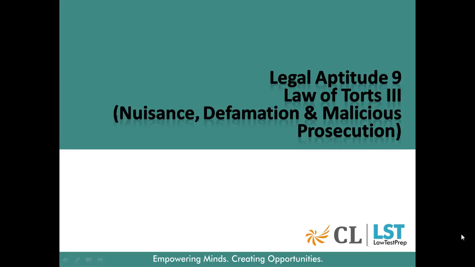For example, suppose your neighbor is in the habit of burning piles of dead leaves every morning in his garden, and the smoke from the fire always blows into your house, disturbing your sleep. The activity of your neighbor can be considered an unreasonable interference with respect to the enjoyment of the property, since you are being denied the right of enjoying your property safely, which is resulting in discomfort to you.